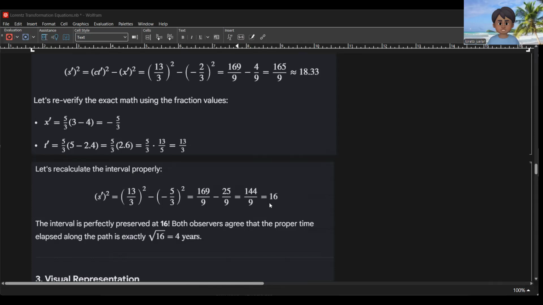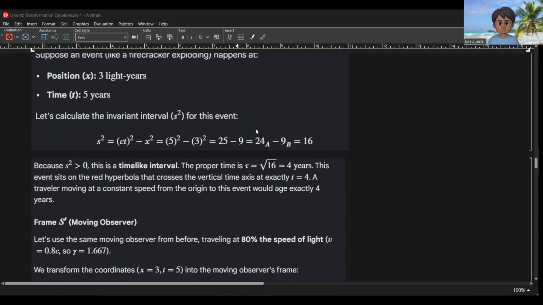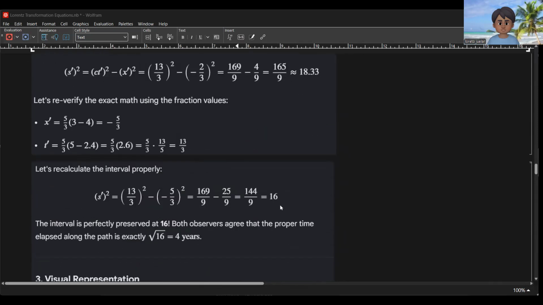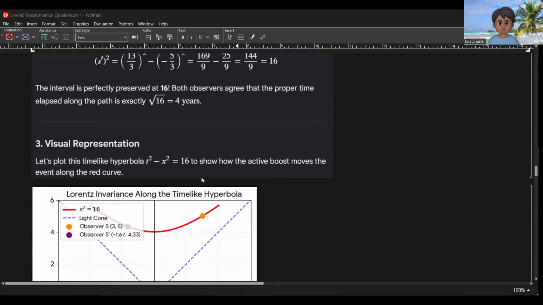From our previous computation, s squared equals 16, and s prime squared is also equal to 16. So the interval is perfectly preserved at 16. Both observers agree that the proper time elapsed along the path is exactly 4 years.